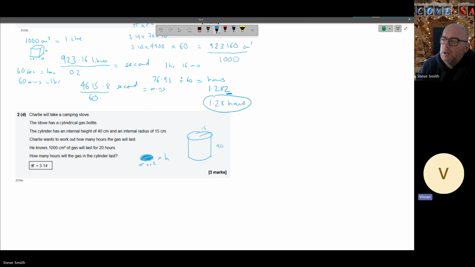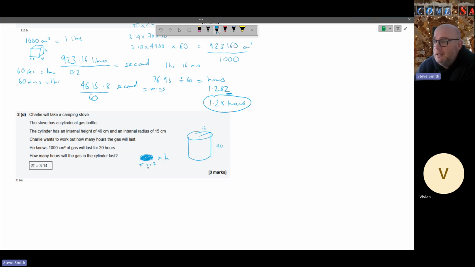Is that the formula? The area of the circle, yes. So the area of one end, yeah, times by the height. If you're looking at surface area, that's something different. Yeah, there's some good questions on surface area.